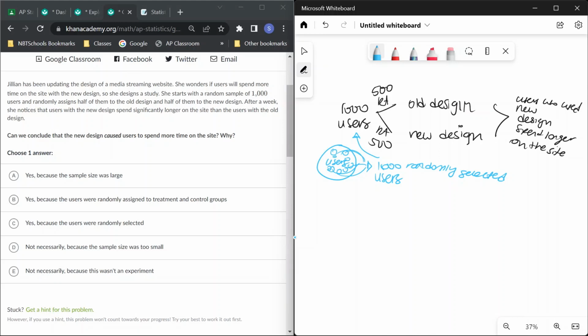Now, because we know it's randomly selected, we can generalize these results to all users, or to all users who use her websites, or who are going to use her websites. Okay.